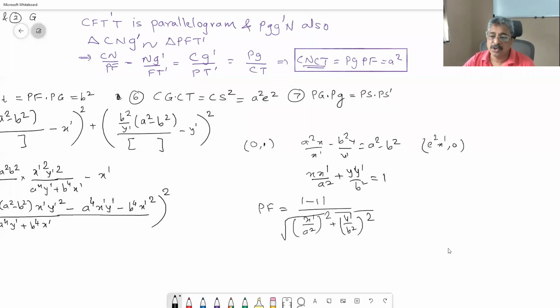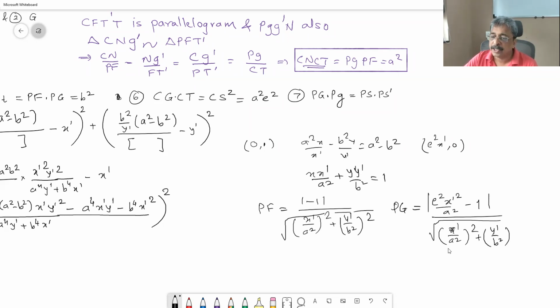So we have to substitute e square x dash in this equation. PG is equal to e square x dash square upon a square minus 1 in the numerator, divided by the same x dash upon a square, bracket square, plus y dash upon b square, bracket square. This is PG.